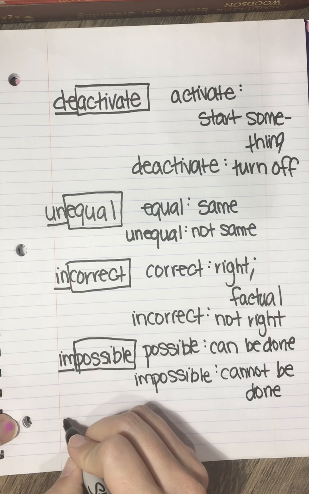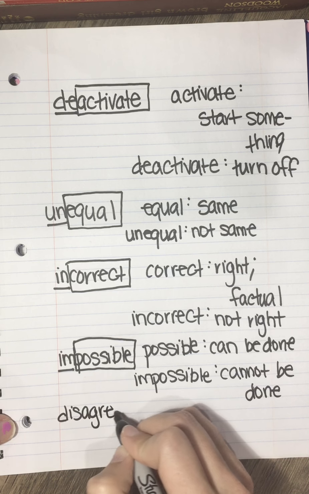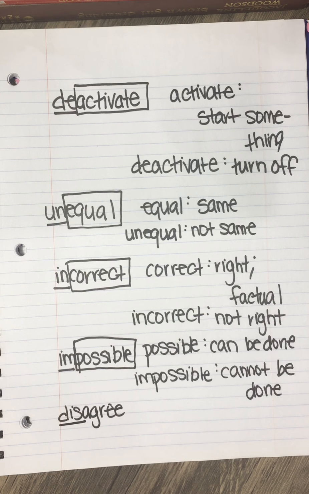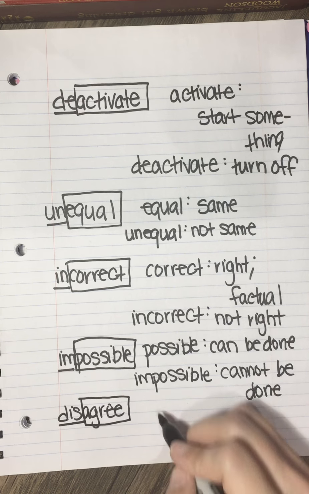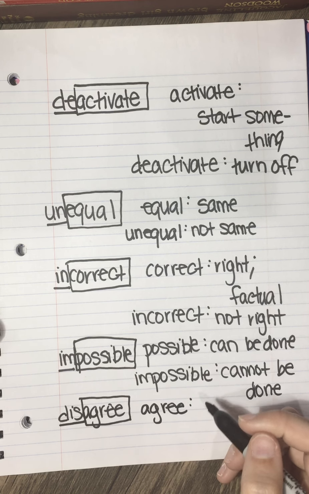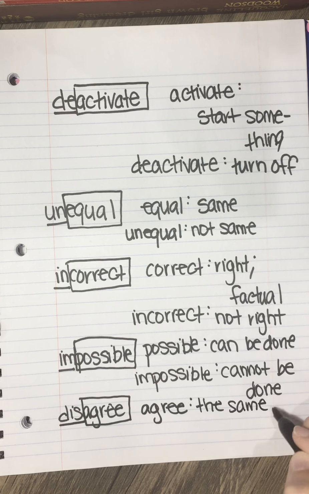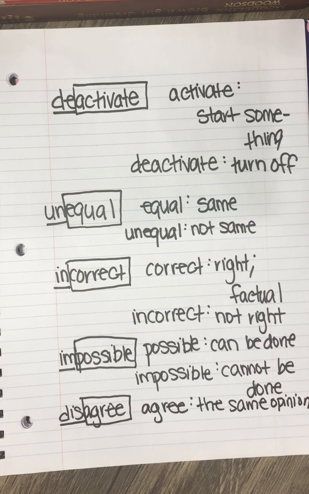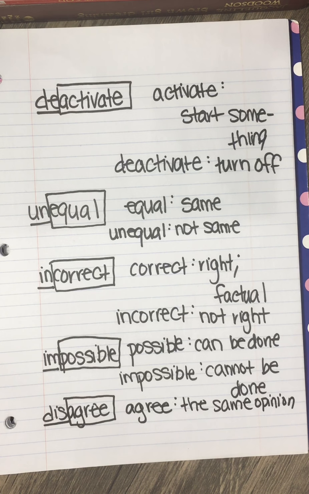Okay, the last one that we're going to talk about today is disagree. Our negative prefix is dis, and our root word is agree. If we agree on something, that means that we have the same opinion. So if we all agree that cherry pie is the best dessert ever, then we all have the same opinion.